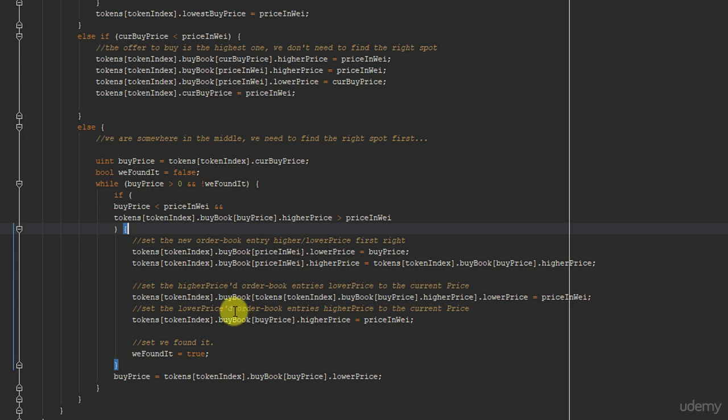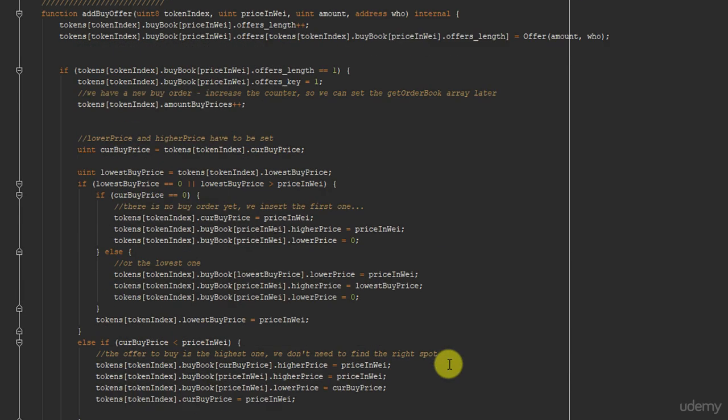And then it's fairly easy. We add a new lower price to the buy price, so it points to the price that we found as a lower item, the higher price to the higher price of this item, and then we set the lower price of the higher price to the current price, and the higher price of the previously lower item to the current price. And then we're done.